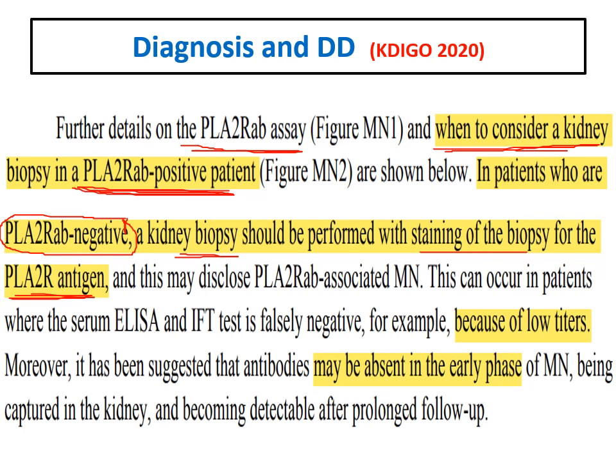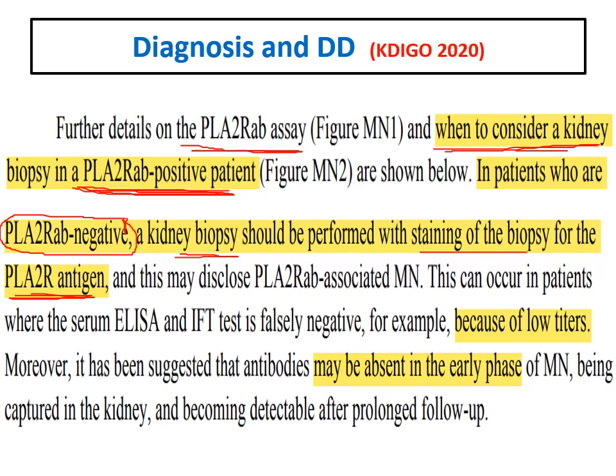If a patient has a positive serology, we don't ask for a biopsy, but we now know when to ask for a biopsy in a positive patient. If a patient has negative serology, we should ask for a kidney biopsy with a staining for phospholipase A2 receptor antigen.